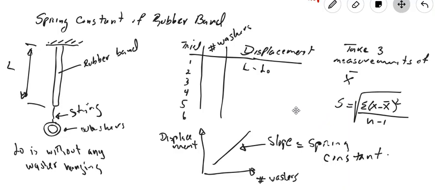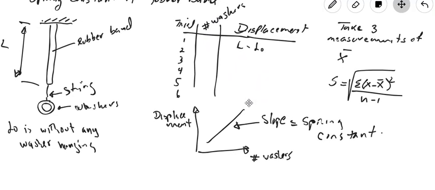So once you have obtained the data of the table, number of washers versus displacement, you're going to make a graph. This graph has the number of washers on the x-axis, so it's the same, basically a measure of the weight, and on the y-axis you have the displacement.